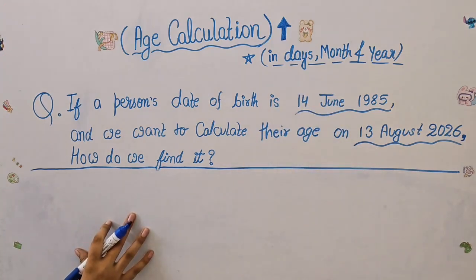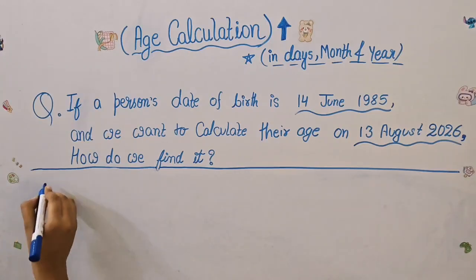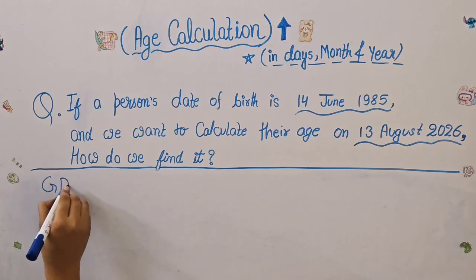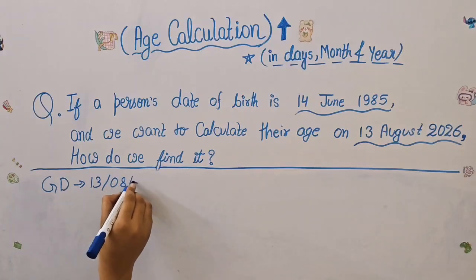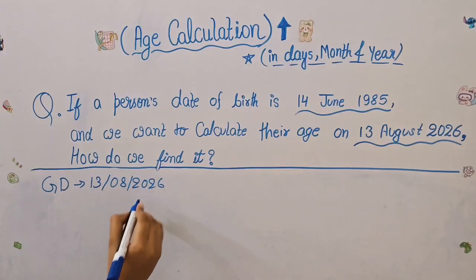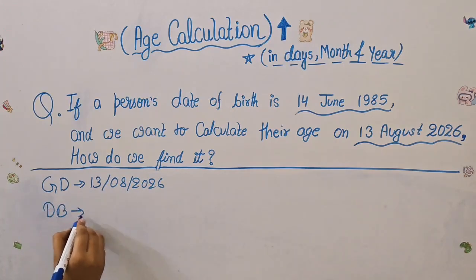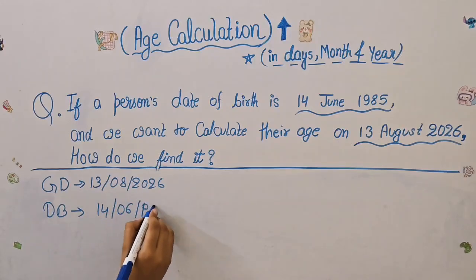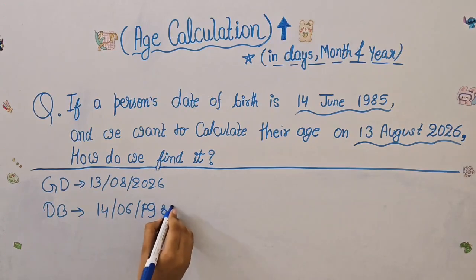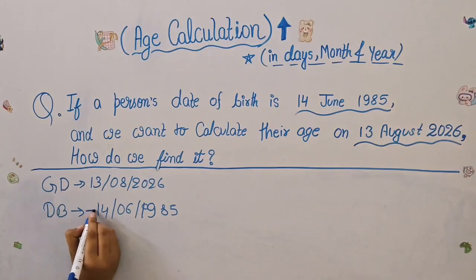Now, our example: the given date is 13/08/2026 and the date of birth is 14/07/1985. Now we will subtract the date of birth from the given date.